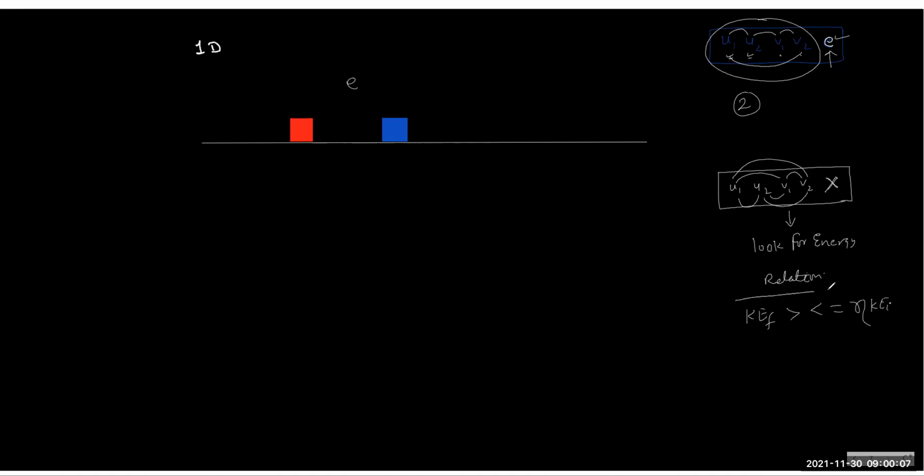So some information will be given that at some point the kinetic energy is some fraction of the initial. It may be more than one also. So the final kinetic energy may be 1.5 times the initial. Maybe it is a fraction, or equal. Any combination they will mention.